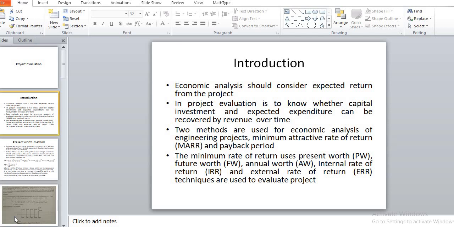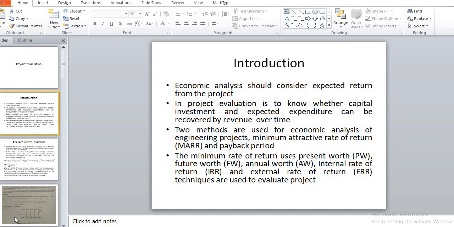For this economic analysis, we generally use the minimum attractive rate of return, MARR, and the payback period. By these two methods, we can decide whether the project is acceptable or not acceptable.